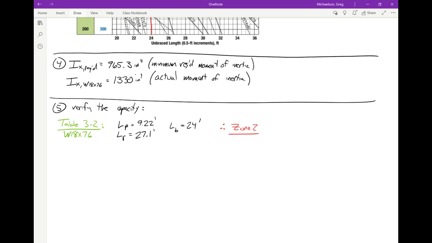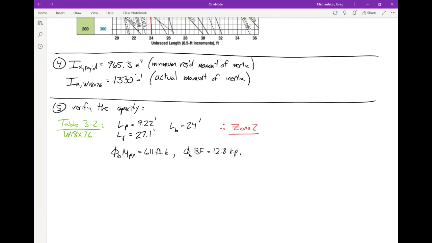So if we're going to do zone 2 analysis, we're going to need two more quantities. We're going to need phi MP, which I'll go ahead and tell you is 611, and phi BF, our slope, which is 12.8 kips.